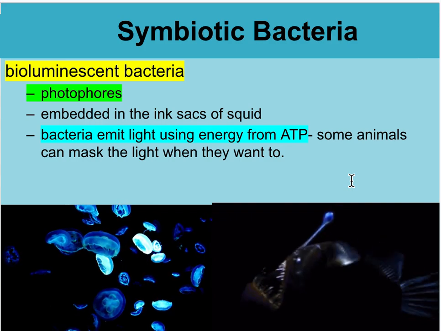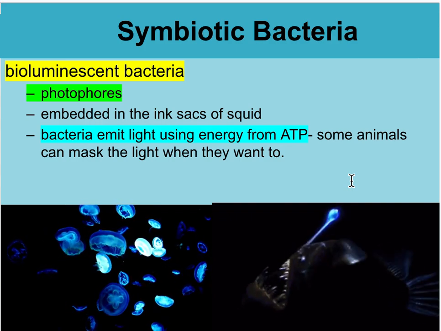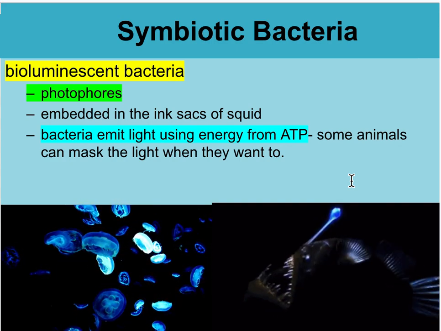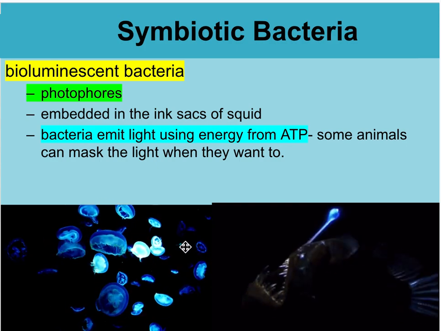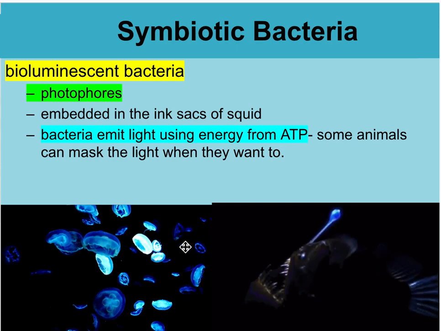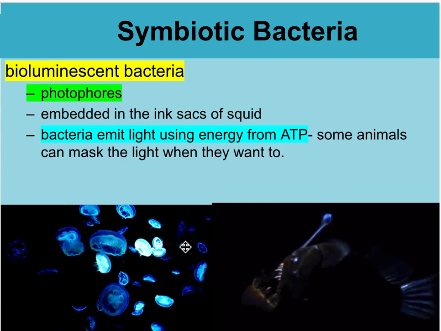Some bacteria are actually bioluminescent as well, and they have things like photophores that can emit light using ATP. There's a number of organisms, we will talk about them in future chapters, that actually harbor this bioluminescent bacteria and use it when they need to.